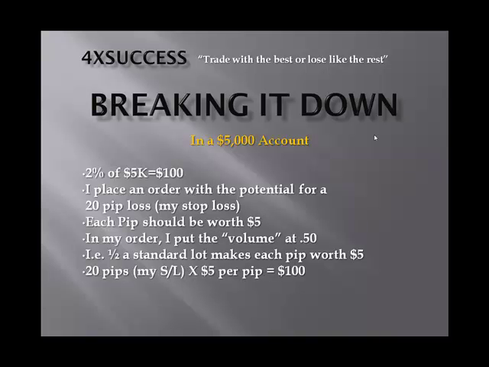So if I took that loss, there we would be. So I would enter my trade with a half a standard or 5 minis, and that would make each pip worth $5. So a 20 pip potential loss times $5 per pip, there's my $100 or my 2% of my account value.